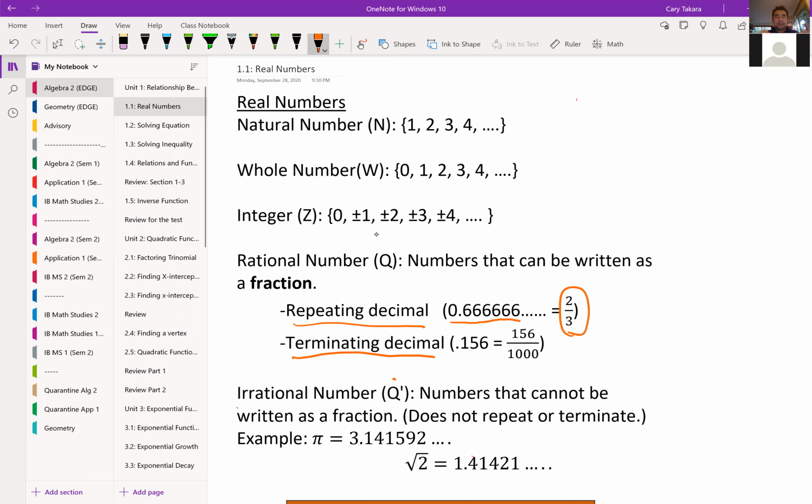In other words, if there is a decimal that stops and doesn't go on forever, then you can write it as a fraction. For example, 0.156, and it stops. And you can rewrite that as 156/1000. And if you can write it as a fraction, it means that it's a rational number.